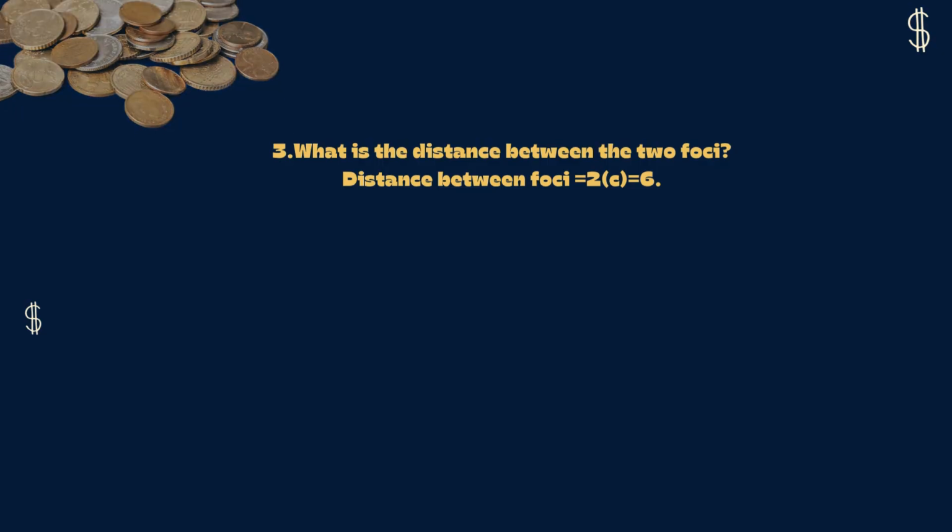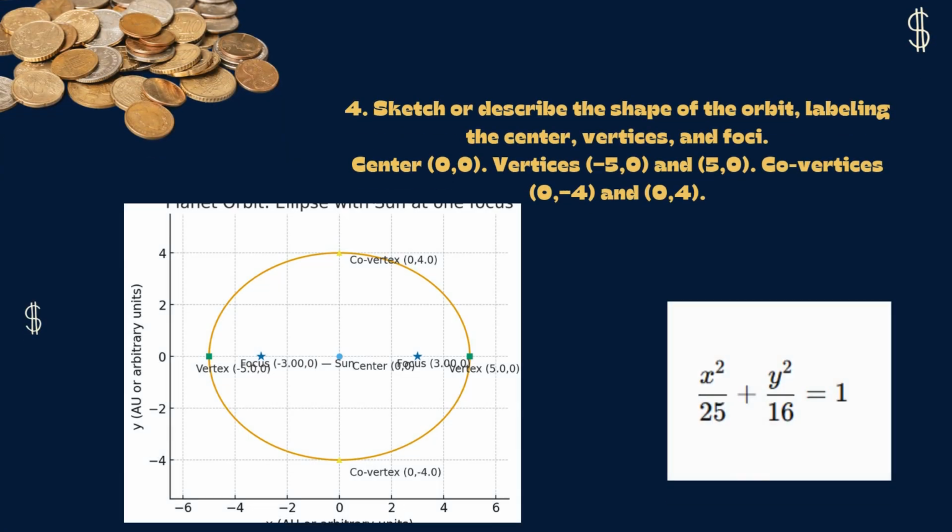Okay, for the last part: sketch or describe the shape of the orbit, labeling the center, vertices, and the foci. The center, which I told you earlier, is (0, 0), since the sun is at the center. The vertices we solved earlier, and the co-vertices are solved in a similar way.